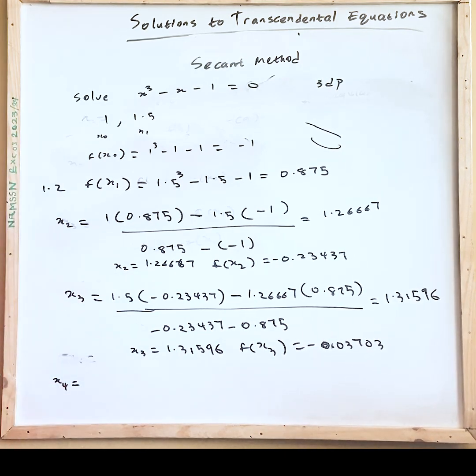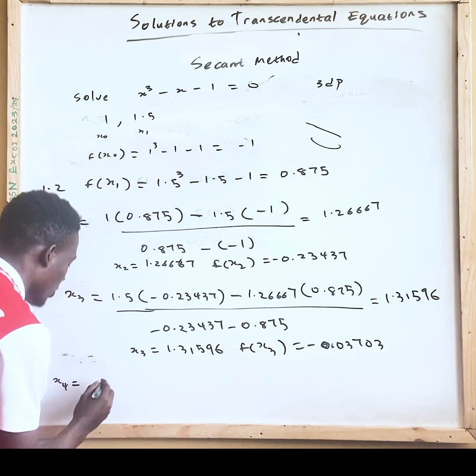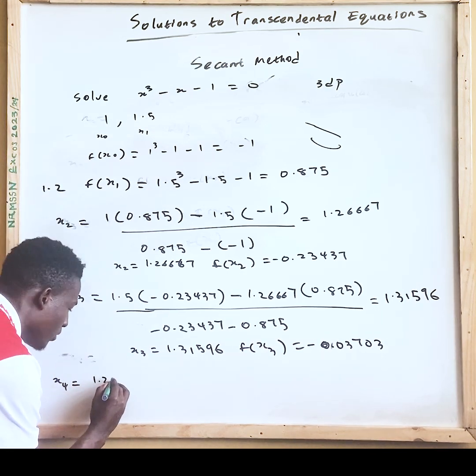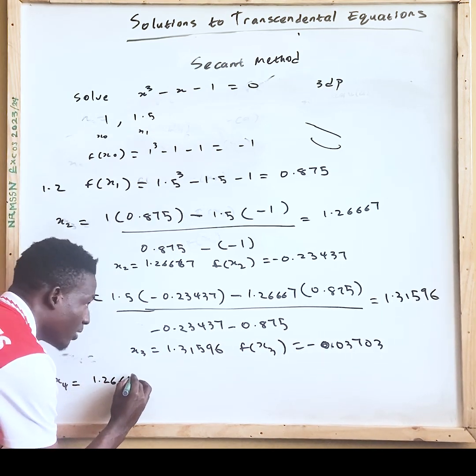So x4 will be x2. Yes, x2. So where is x2? So x2 is 1.2666663.